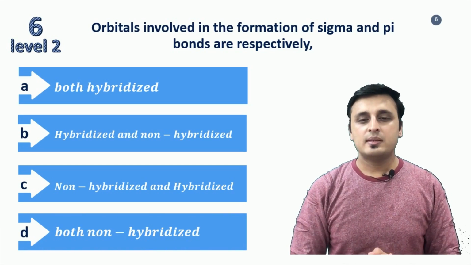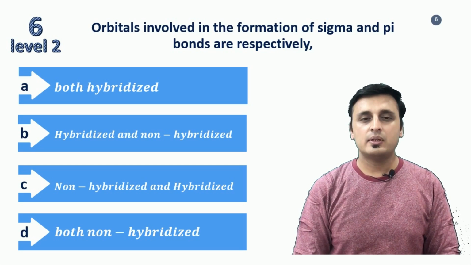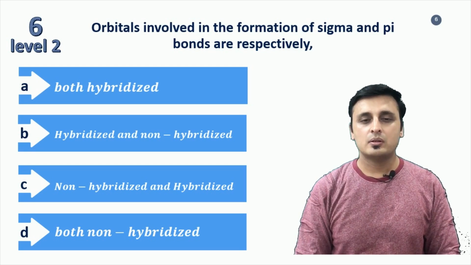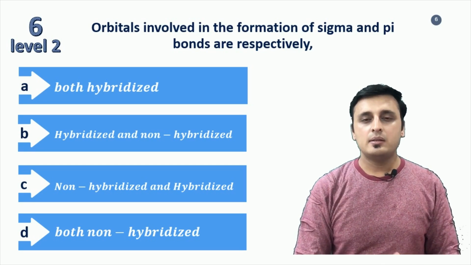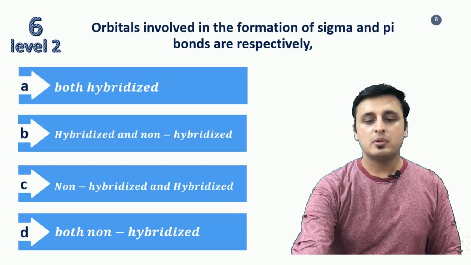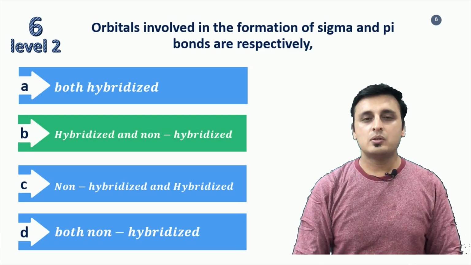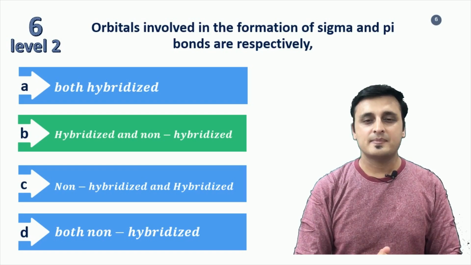Dear friends, when a sigma bond is formed, the hybridized orbitals take part in the bond formation, and when a pi bond forms, the non-hybrid orbitals take part. So the correct answer is option B, hybridized and non-hybridized orbitals.